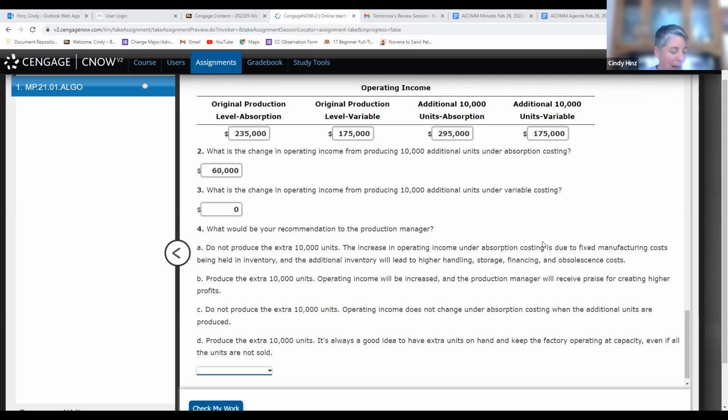And so this highlights exactly what we were saying in class, that by using absorption costing, we're really rewarding the concept of producing for inventory, not producing because you have a sale. So do we really think it's a good idea to produce 10,000 extra units when we don't think we can sell them, just to allow us to hide inefficiency or shift some of that fixed overhead to the balance sheet and claim it as an asset?